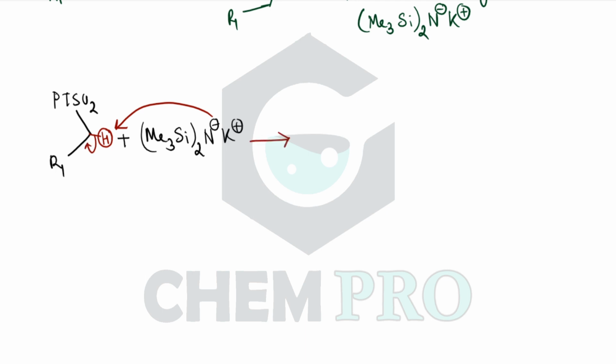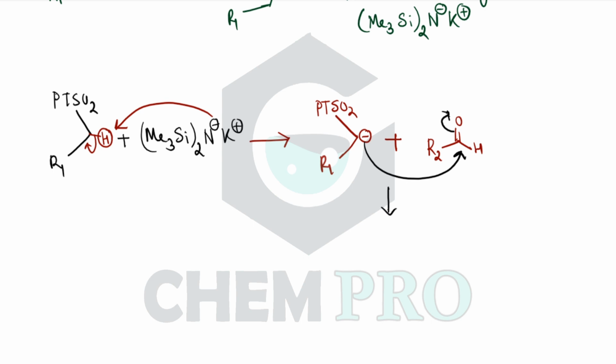From this we have PtSO2 with the negative, and this is R1. Now this will react with the given aldehyde, R2CHO, and this will attack like the previous mechanism and make an O negative. So from this we have PtSO2 along with R1, now this is R2 and here O negative.